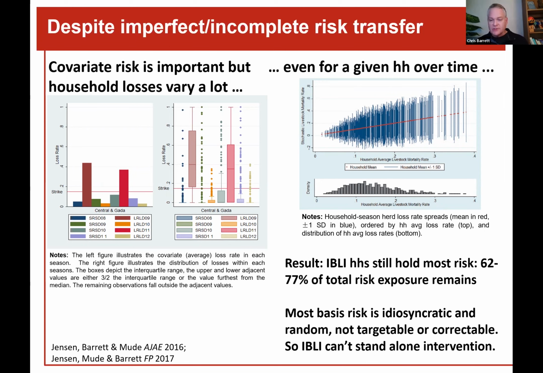So this was largely just random variation across households and across locations that makes it very difficult to substantially advance the product design to squeeze out the remaining risk transfer potential here. So the takeaway here is IBLI is a positive, impactful product, but it's not a standalone intervention. It needs to be coupled with other things.